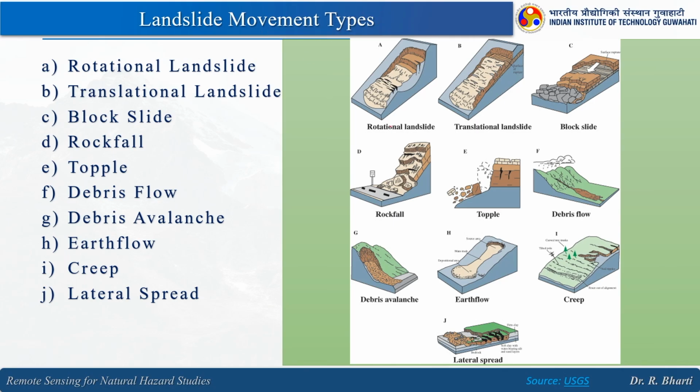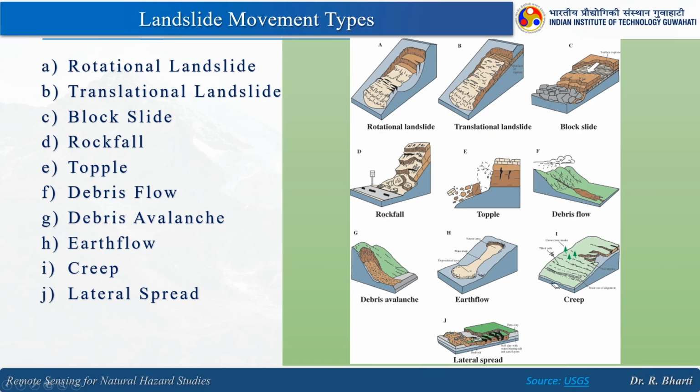This figure explains the rotational landslide, translational, block slide, rock fall, topple, debris flow, debris avalanche, earth flow, creep, lateral spread, and we have also discussed the velocity, right?